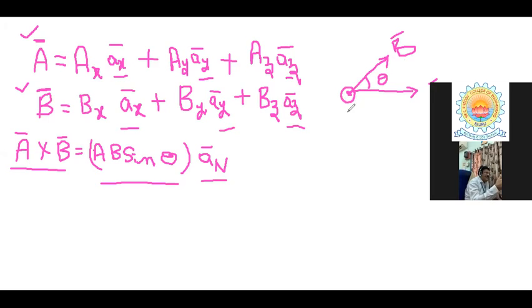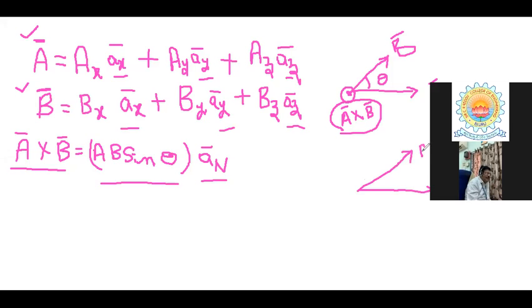Turn your fingers from A to B, and the thumb gives the direction of A cross B bar. So the direction of A cross B bar in this case is given by the dot enclosed. You can see that the direction of A cross B bar is given by the dot enclosed, that means towards us. Now you take the same two vectors A bar and B bar.